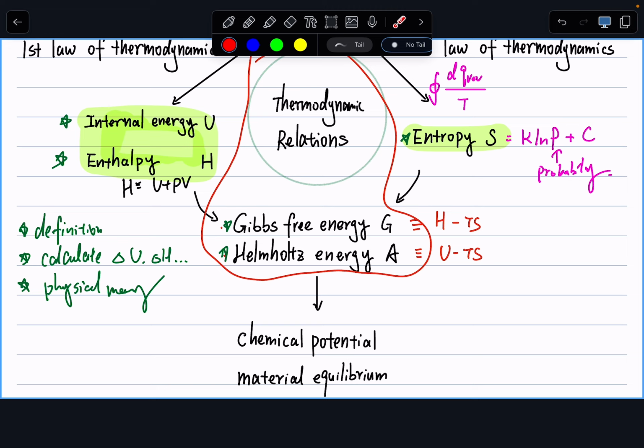The goal here is how to express or calculate delta S for a general process between T1, P1 to T2, P2.